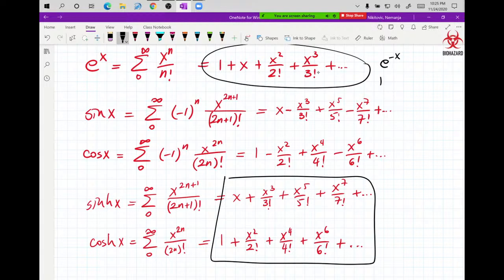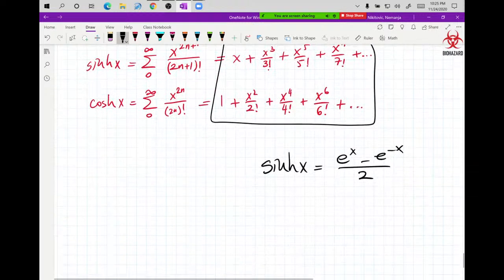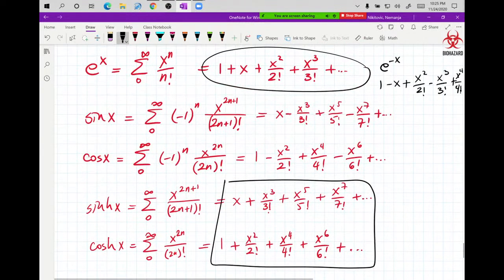So I'm going to get 1 minus x plus x squared over 2 factorial, because minus was killed by a negative, but the next one is minus x cubed over 3 factorial, and then plus x to the 4th killed the minus, and so on. And then when you add them together, 1 plus 1 makes 2, but when you divide by 2, it goes back to 1, and it matches your 1 right there.